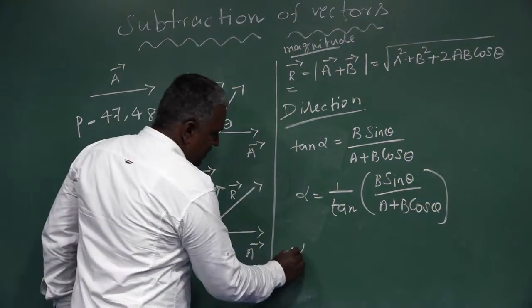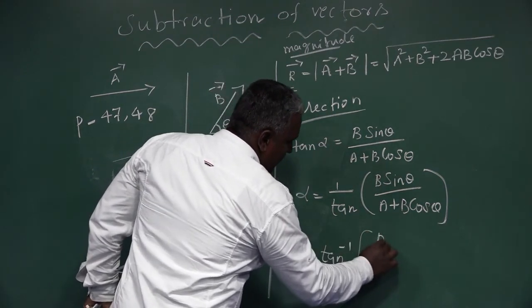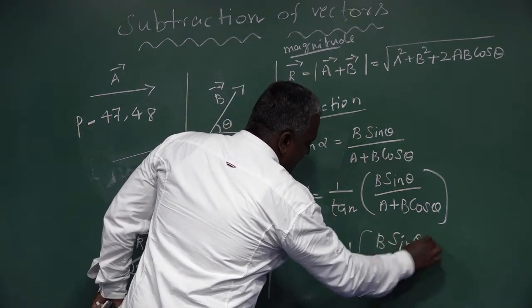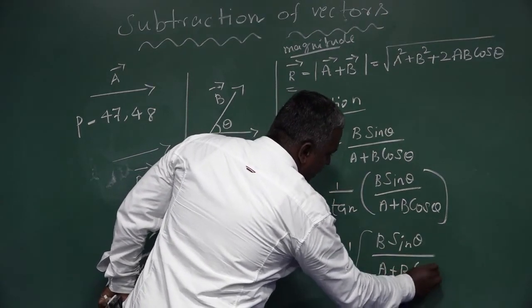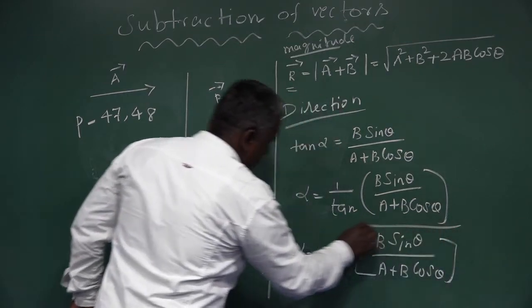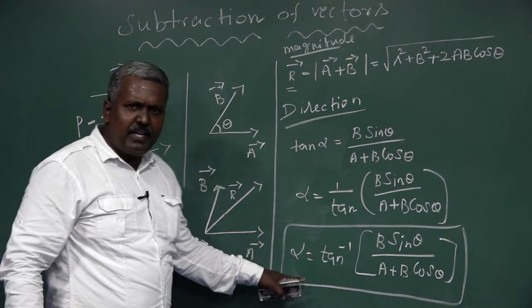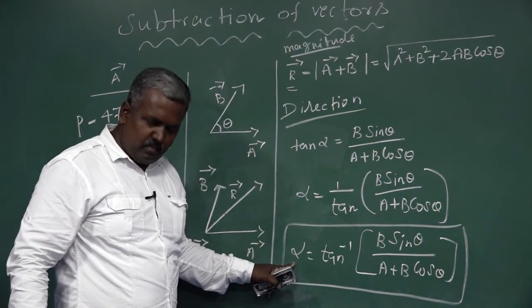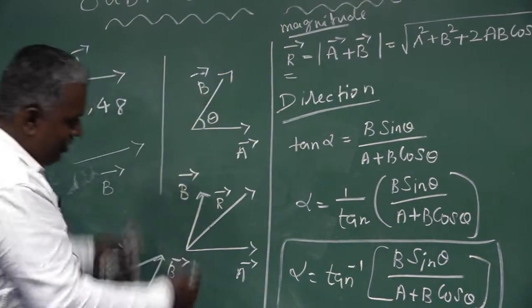Or alpha is equal to tan inverse of B sin theta by A plus B cos theta. This is the direction of the resultant vector. That's all, these are all the things about it.